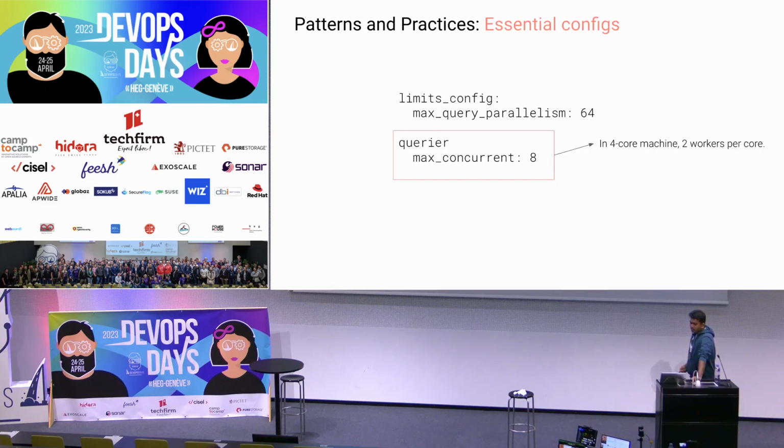So at the end of the query path, it's the queriers that pick the subquery after splitting and sharding. It just runs it, right? So what this max concurrent will do is set how many subqueries a single querier can handle at the same time, like in parallel. That's what it says.